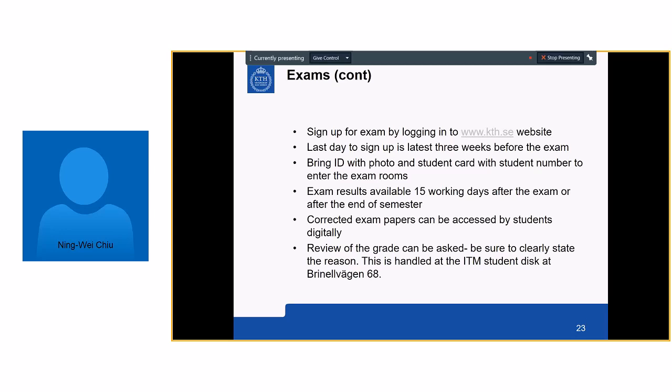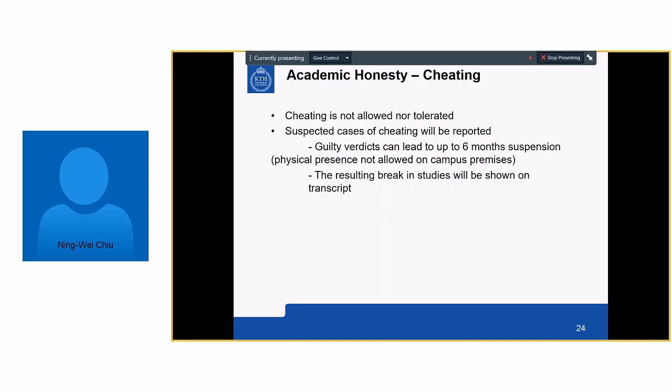If you come here, KTH has the right to ask police to take you out. So very, very harsh. Basically you need to take a 6 month break. And then this will be shown on the transcript, on your final grade report.